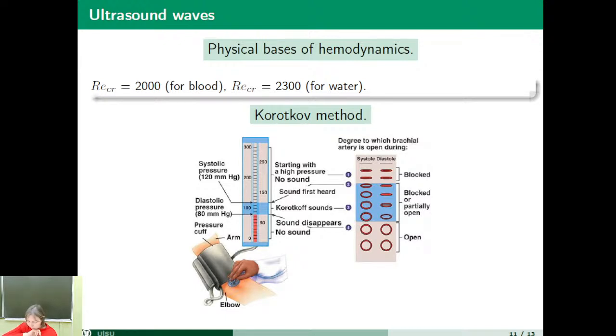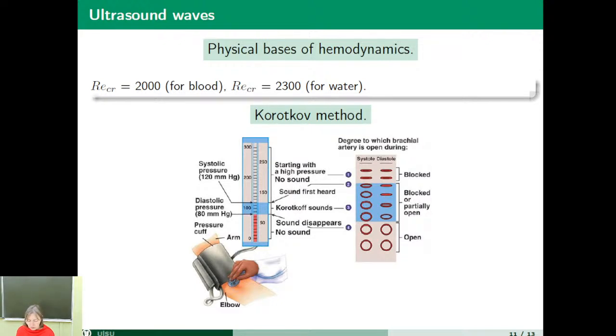Normal systemic blood pressure can very accurately be estimated on the basis of the distance between the heart and the feet.